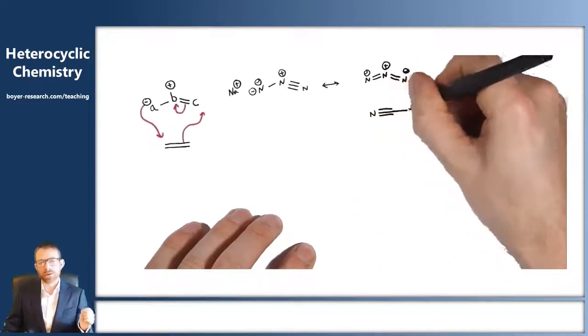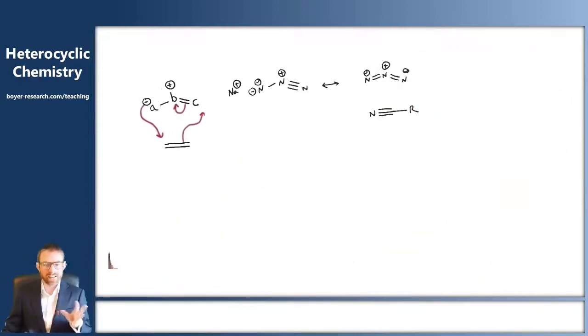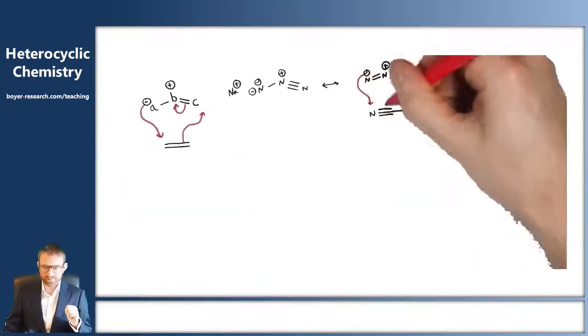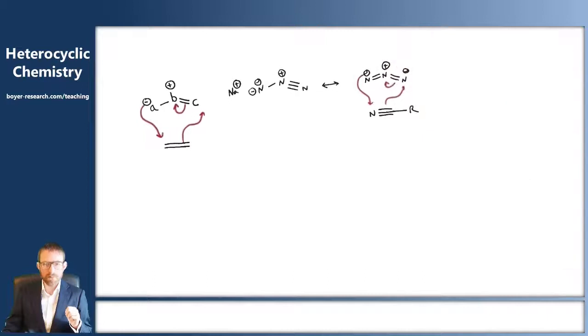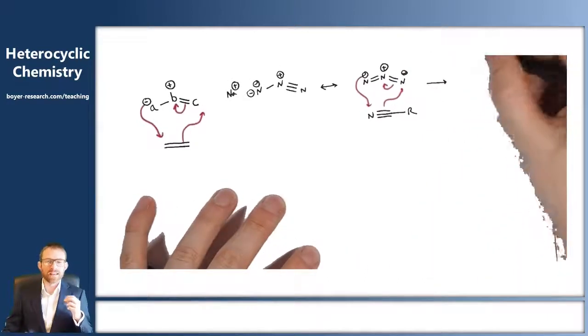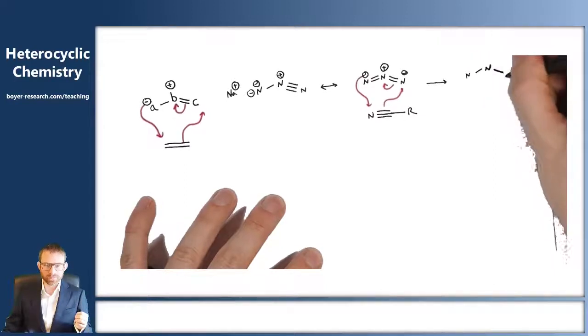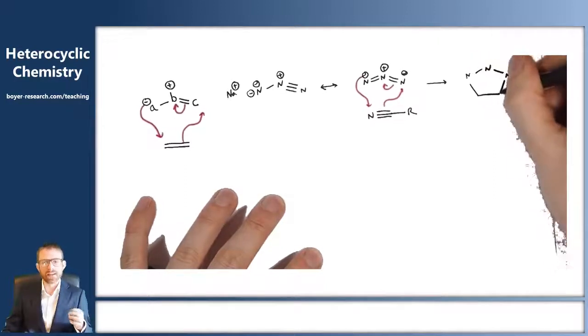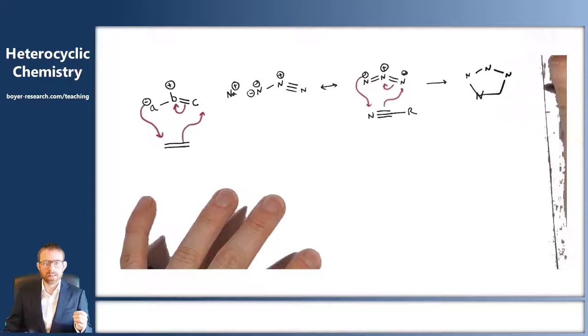It doesn't matter which way we draw it, but obviously it's nicer to have the negative charges apart. And by following the same arrows that we saw before, but this time with a nitrile, we can see that we can make our tetrazole product.